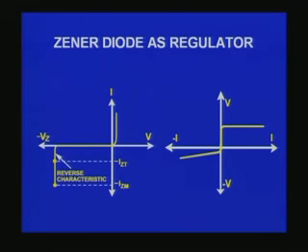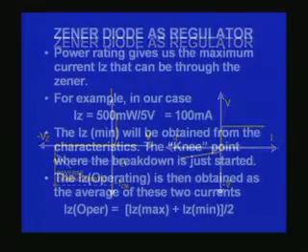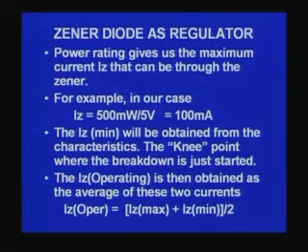So, if I use, for example, a 5 volt Zener with a 500 milliwatt rating, then the maximum value of IZ will be 500 milliwatt divided by 5 volts, which is about 100 milliamperes. So what it means is you cannot have a current larger than 100 milliamperes passing through the Zener.